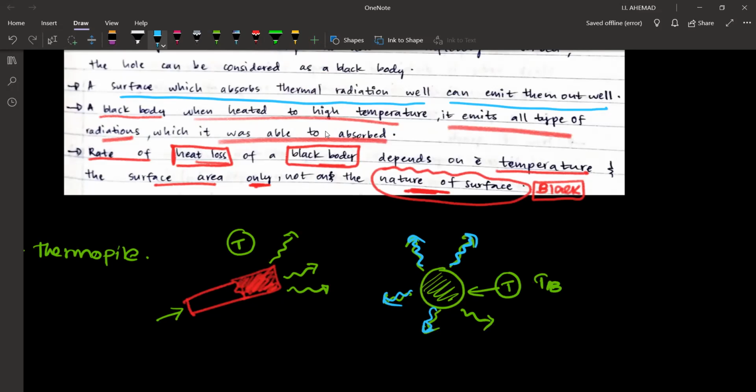When it comes to a metal, the colors are limited. It can only release a few wavelengths, but a black body can release all the wavelengths. Hope the idea is clear.